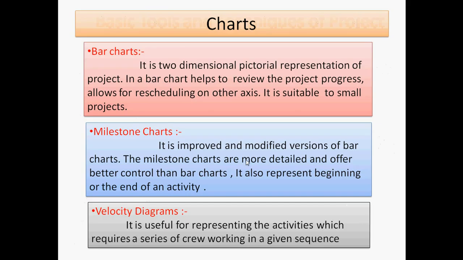Now we go for the charts. What is meant by a chart actually? Already we discussed the bar chart in the manufacturing process subject, so again I repeat this. We observe the progress report, that means we observe progress and schedule accordingly. That is nothing but a bar chart. This is a two-dimensional format representing a project, and it gives a review of the project process.